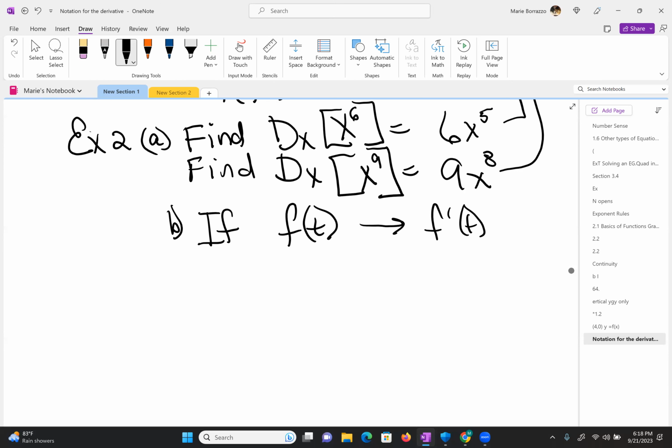This is no different than the previous example, because technically this is 1, remember this is 1t to the 1 power. So the derivative is simply 1. The reason behind that is the exponent 1 times 1 is 1. And if I take away 1, this becomes 0. t to the 0 is 1. So now I have 1 times 1, which is 1.